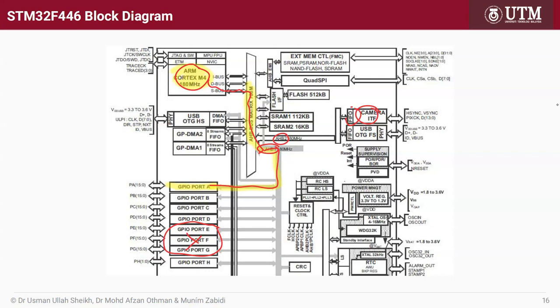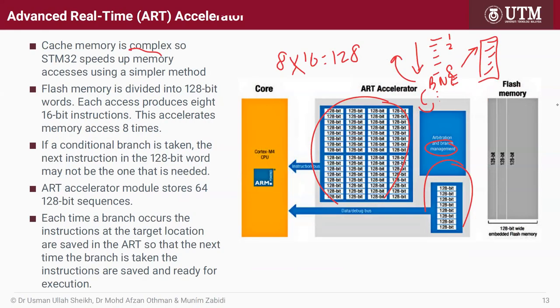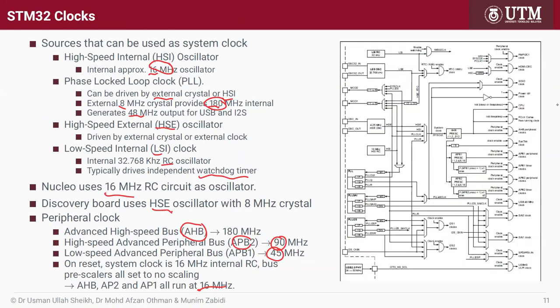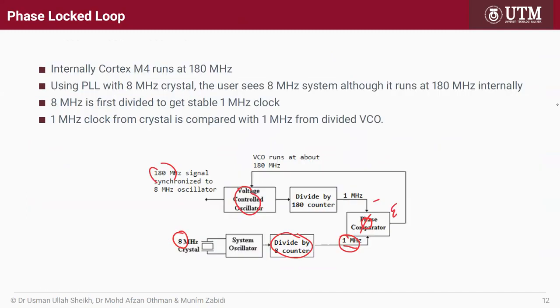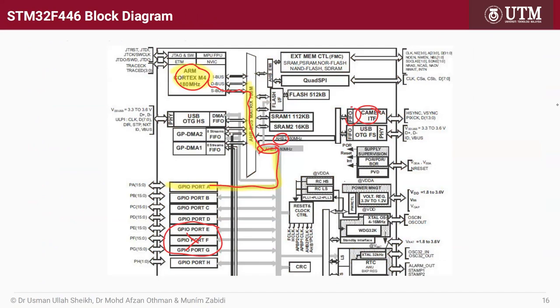I don't see APB somewhere. Quick look to the back. Okay, APB1 and APB2. It has to be there somewhere. It's okay, let's move on.